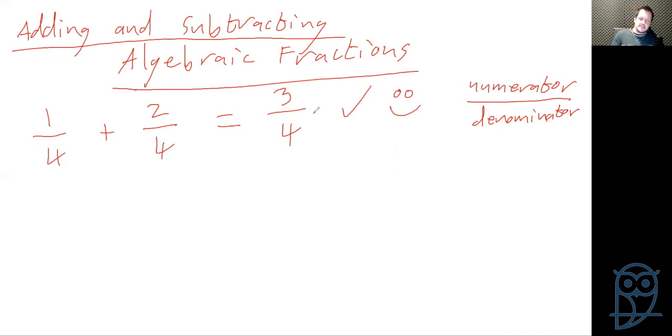So this is a situation that you've come across before. If I, for example, ask you for a half plus a third, I say to you, what does that equal? All right, so we've got one answer, 5/6.